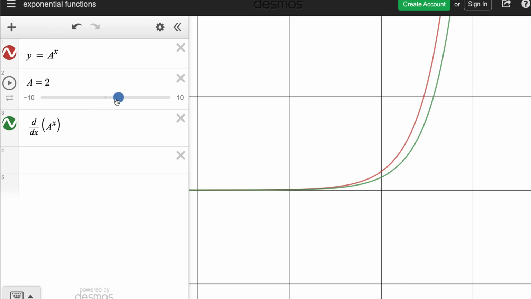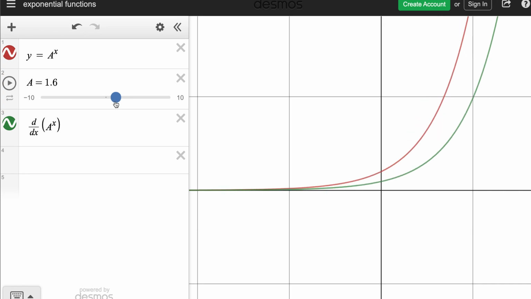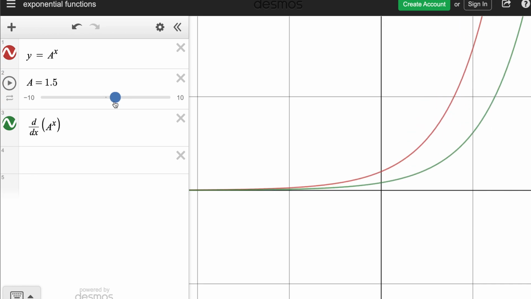But look what happens now as I change A. The gradient function starts to catch up with the initial function. That gap's smaller than it was when A was, say, 1.5.